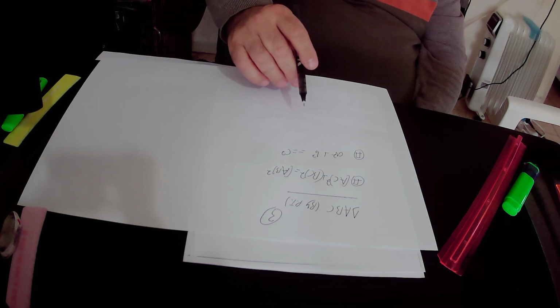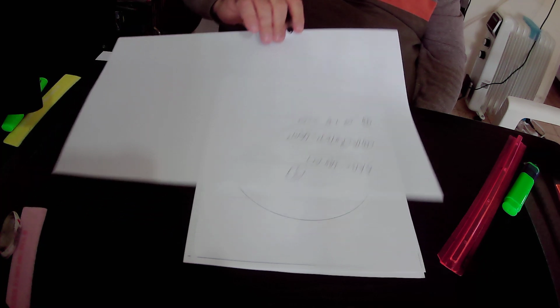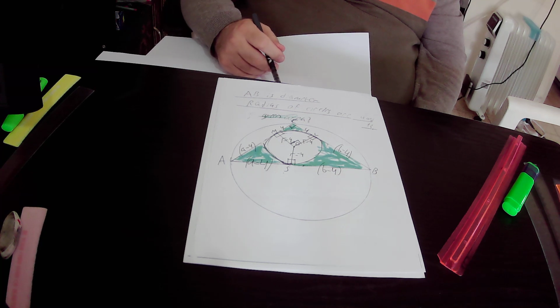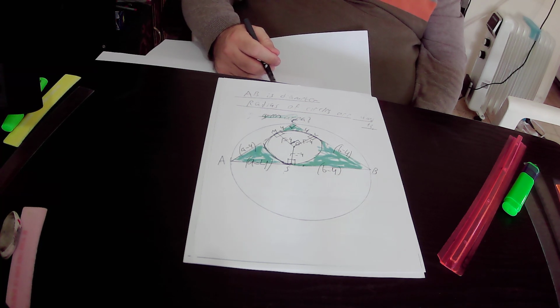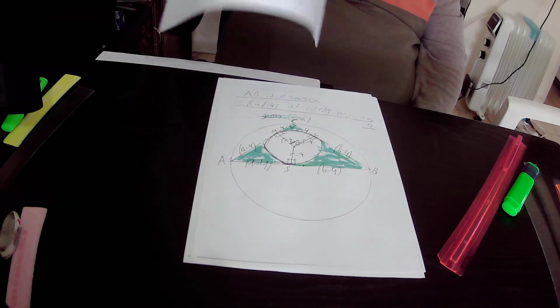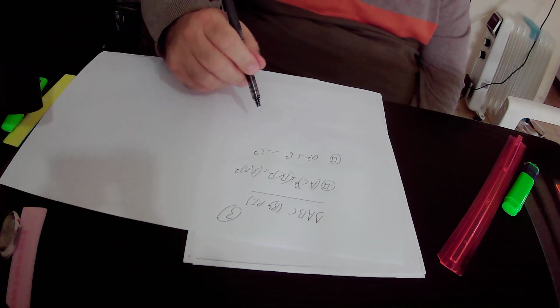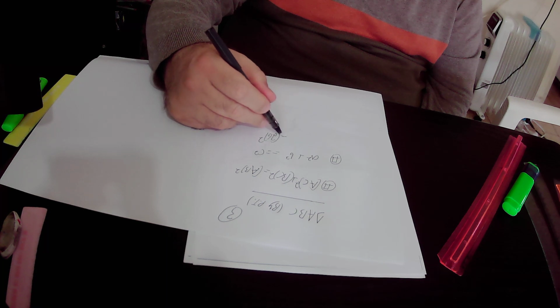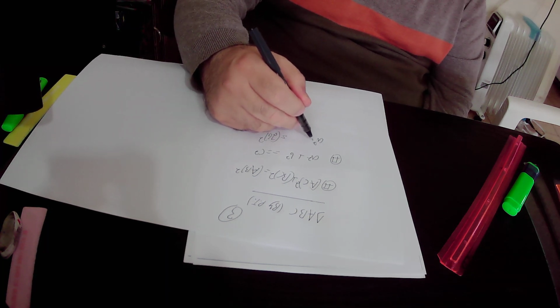But C is equal to AB, that is the diameter of the circle, and the diameter of the circle equals 2 times the radius, that is to say 13 times 2, that is 26 units. So C equals 26, so C squared will be equal to 26 squared, and it is equal to A squared plus B squared.